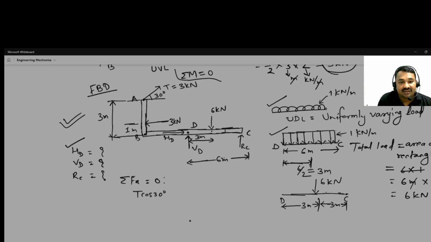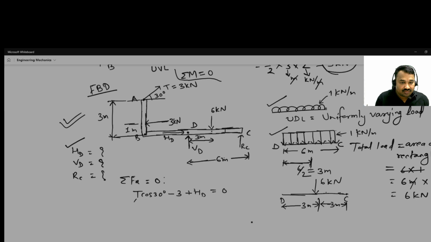Okay, there are three forces. This is also 3 kilonewton, means UVL, uniformly varying load, is now converted into point load, and the direction is here in the negative direction. Three, and plus HD is equal to 0, and T is equal to what?